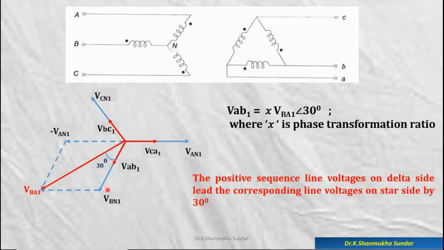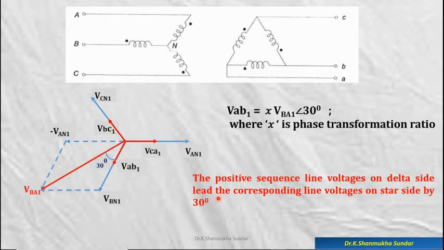So in this case 3, what is the positive sequence line voltage on delta side? VAB. It is leading the corresponding voltage VBA1, that is the line voltage on star side, by 30 degrees. Is it clear? The positive sequence line voltages on delta side, this one, lead the corresponding line voltages on star side by an angle of 30 degrees.